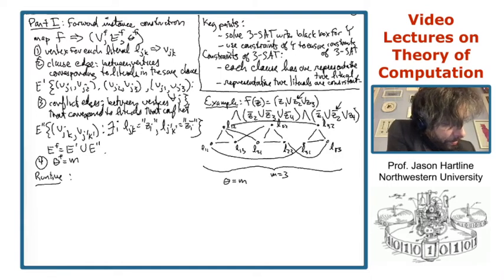So part 1, a vertex for every literal, that's order m because there are 3m literals. Part 2, a clause edge, that's order m because there are 3m clause edges.